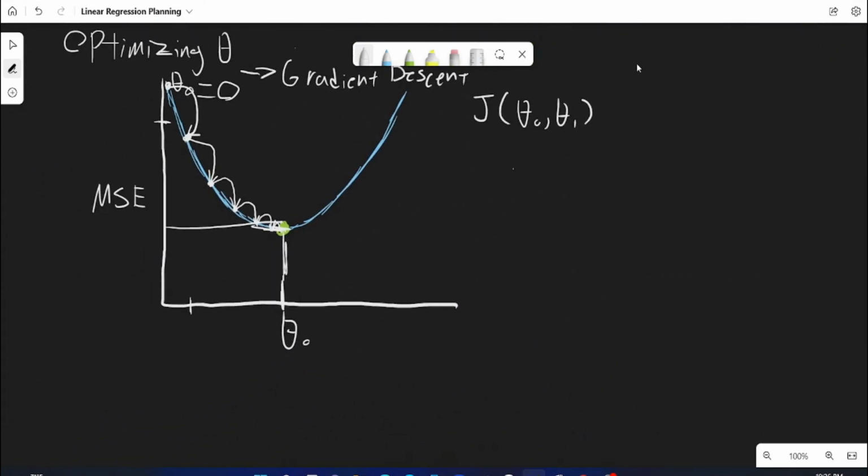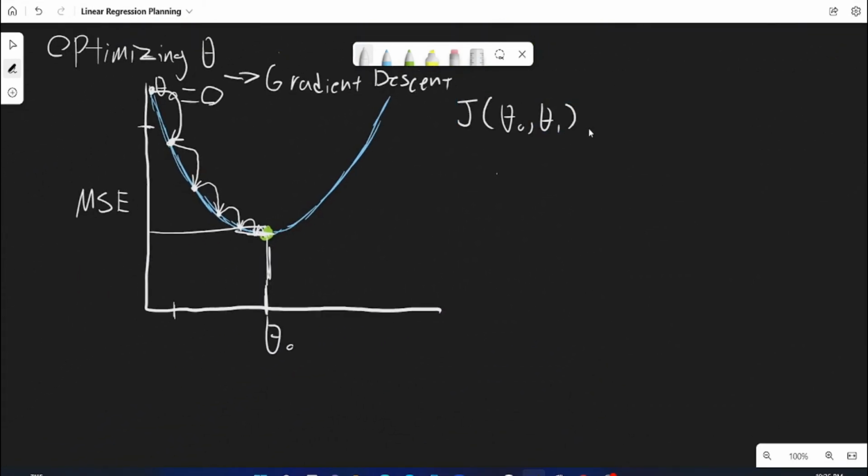Theta 0 is the intercept value, and theta 1 is the feature weight. We're optimizing for these. So let's first optimize theta 0. That's what we're working with.